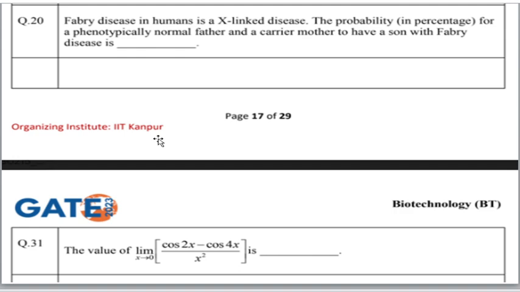Okay, and the next important thing: Fabry disease in humans is an X-linked disease, and they ask the probability in percentage for a phenotypically normal father and a carrier mother to have a son with Fabry disease. According to the official answer key, they mentioned 25% is the probability.